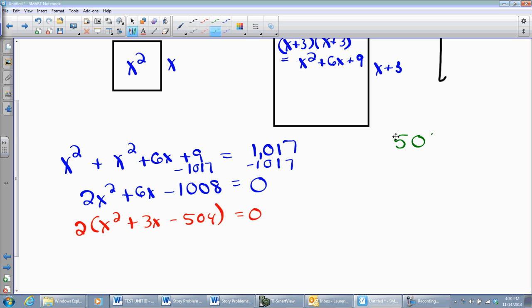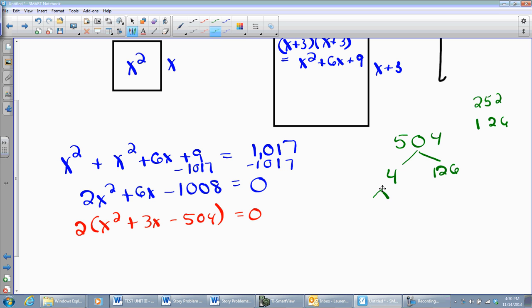I'm going to take 504 and I'm going to break it down into factors. Let's see, 4. And if I cut 504 in half, what am I going to get there? 252? Yeah, that's 504. And if I cut that in half, I'm going to get 126. So 4 times 126 is 504.